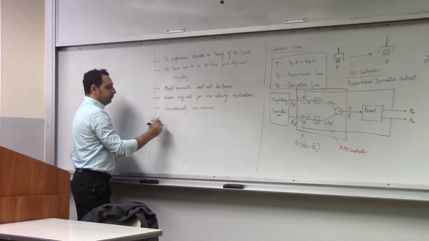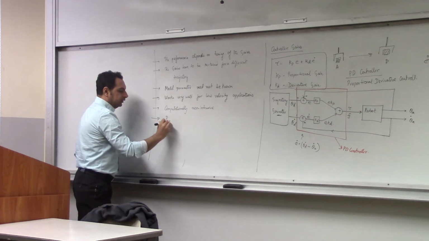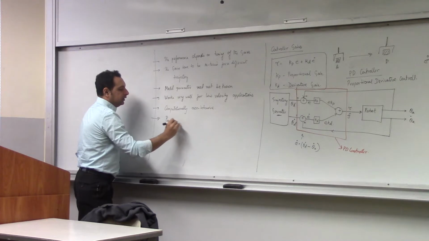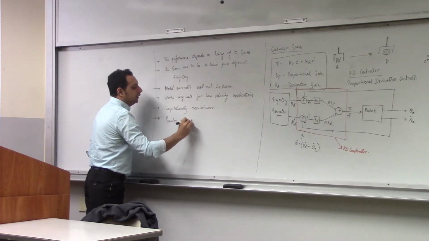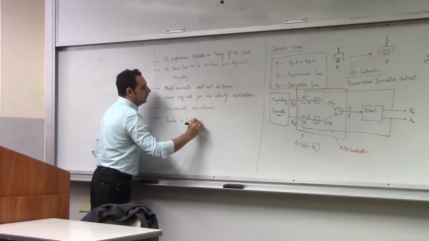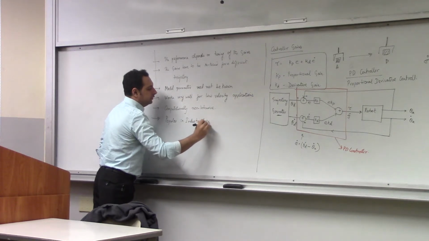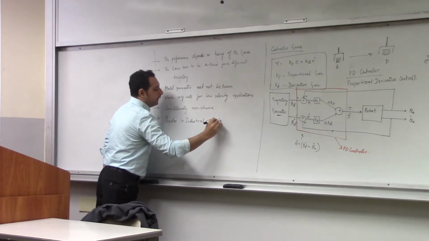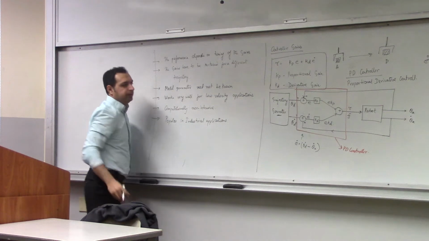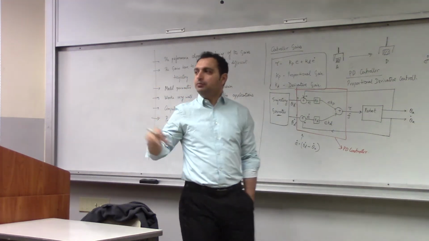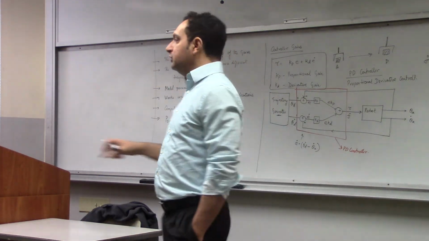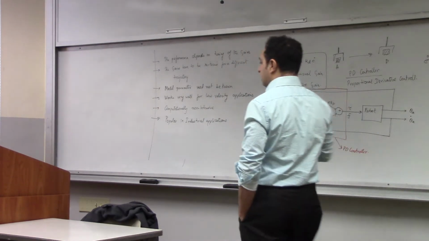However, it's very popular in industrial applications. The reason is that industrial robots keep doing the same thing over and over again. So once you set up these parameters, they'll work perfectly fine.